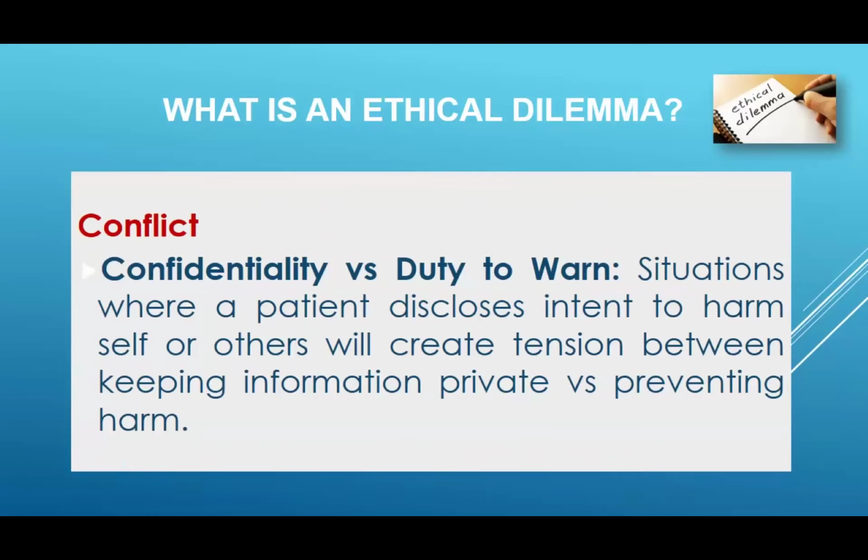A situation where a patient discloses intent to harm self or others will create tension between keeping information private versus preventing the harm. As we have said in the previous example, where the patient was going to harm someone or kill someone.